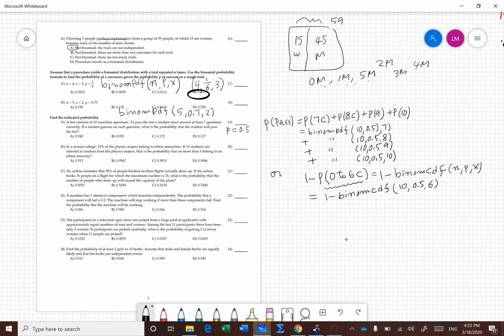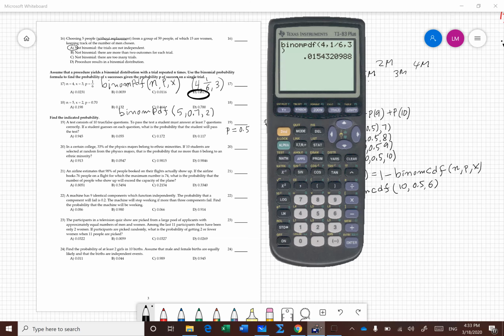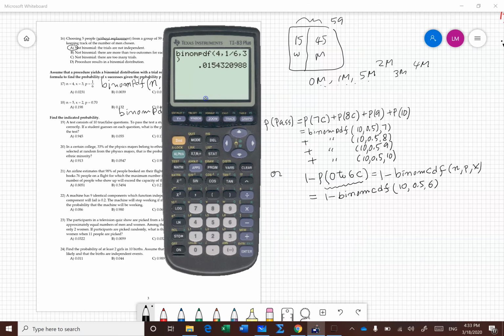So let me show you on the calculator. 1 minus, second bars, you go down to binom CDF, and then 10, comma, 0.5, comma, 6.